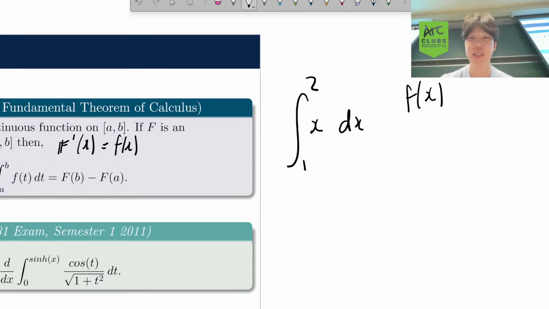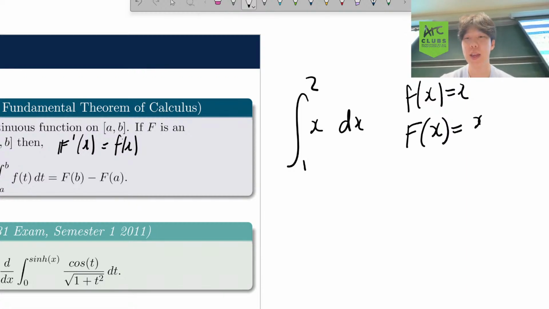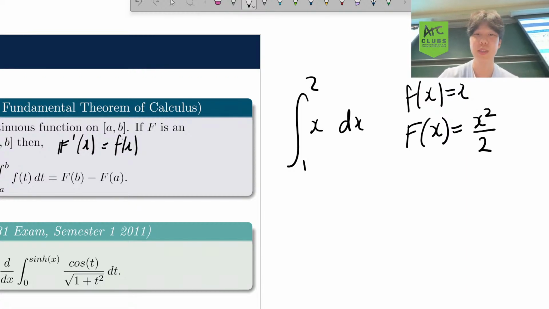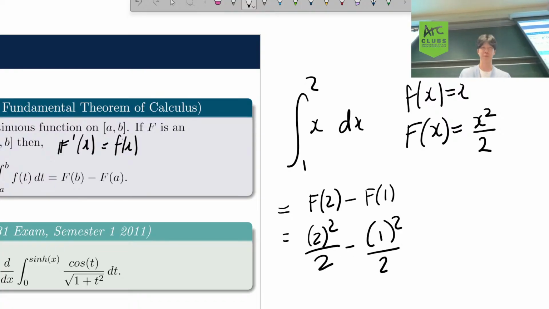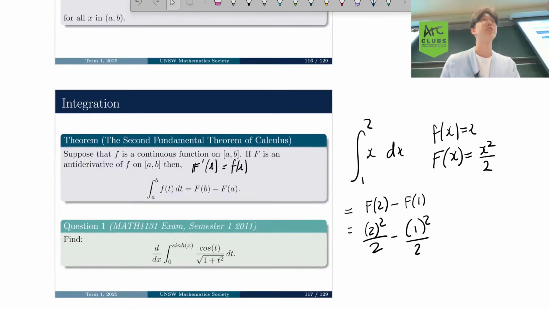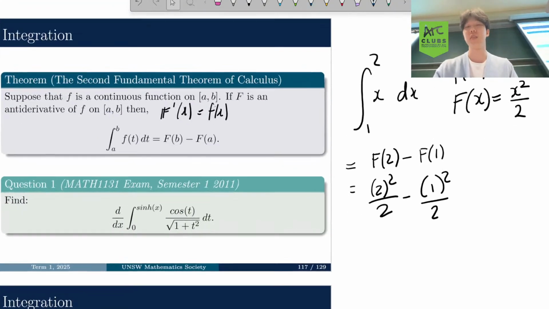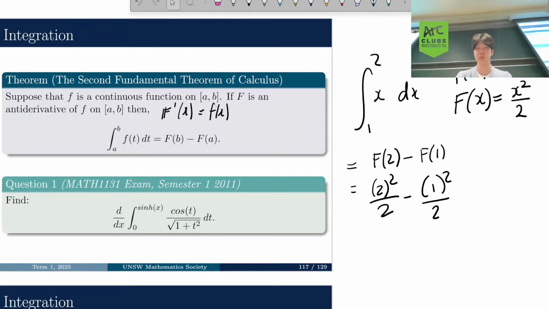If f of x is x, and I know that it has an antiderivative of x squared on 2, that means this is just going to be F of 2 minus F of 1, which is 2 squared on 2 minus 1 squared on 2. Yeah, it's just basically finding the area under the curve from a to b. That is what the second fundamental theorem of calculus states.